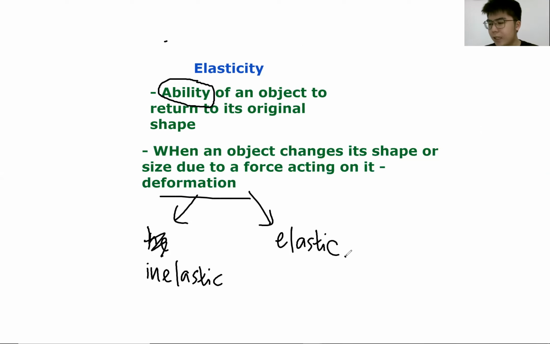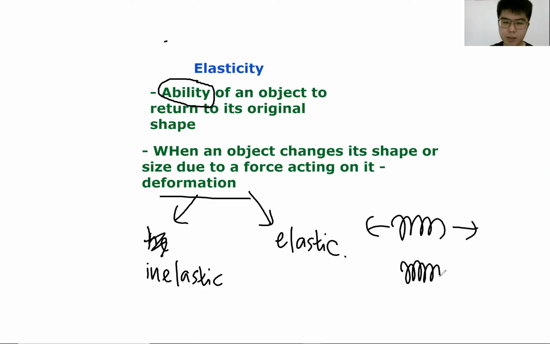Now let's talk about elastic first. Elastic, just like the word suggests, is if an object returns to its original shape after the force has been removed, then we call it elastic. For example, the spring: you pull it and then release the force, it snaps back, it returns to its original length.